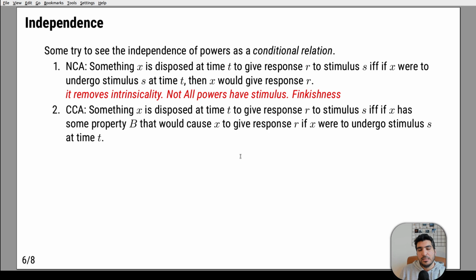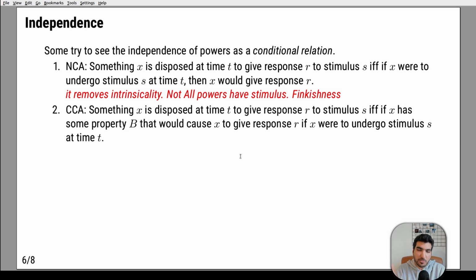That's when some people said that this intrinsicality that is lacking in the naive causal analysis, we should bring that in. It's not that we just hit the statue or the glass and it breaks.